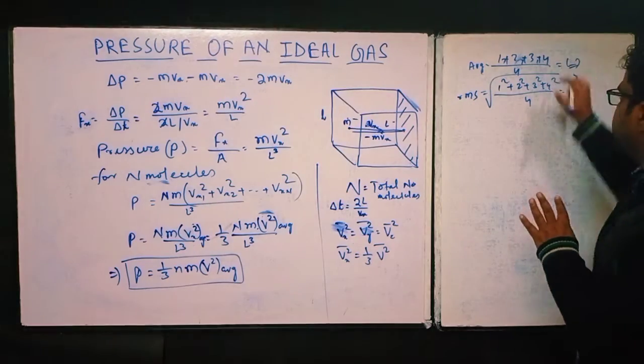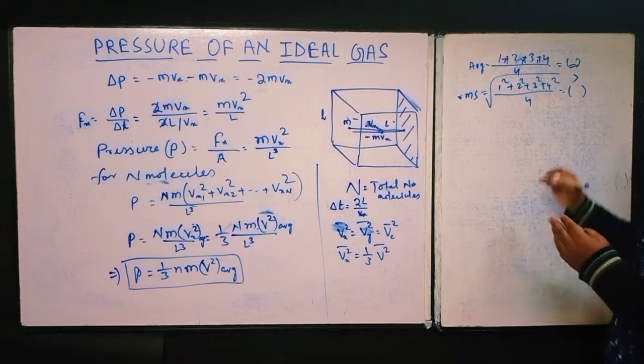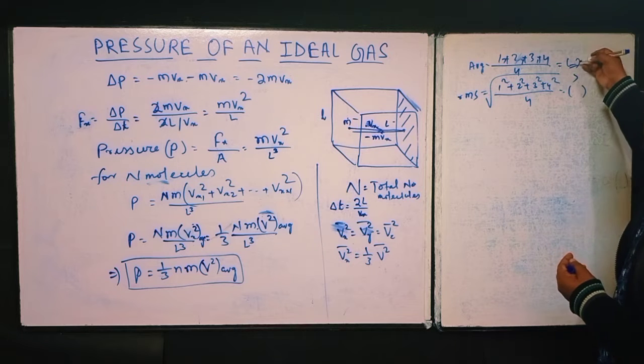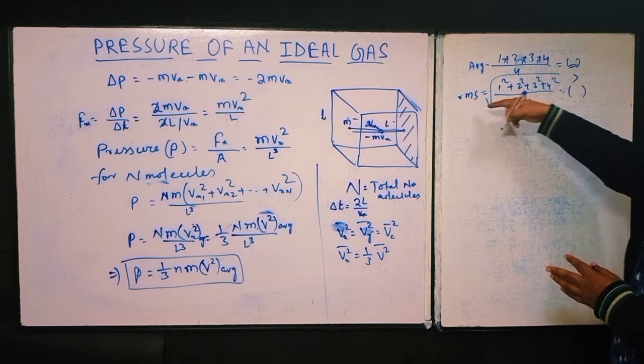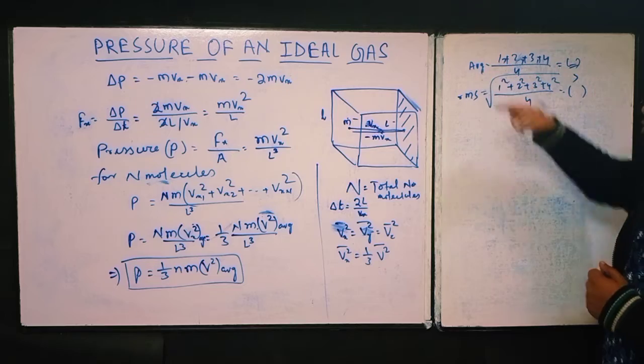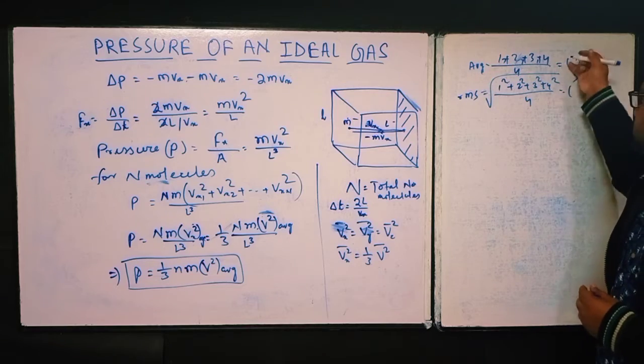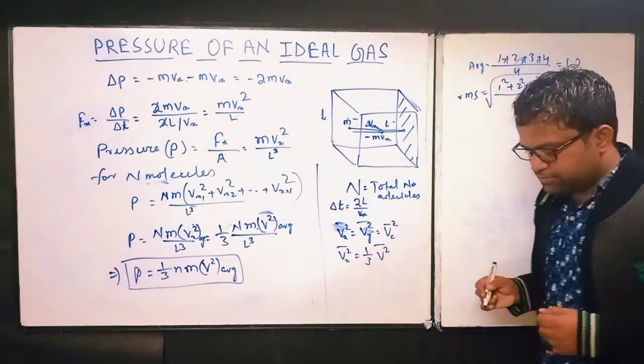So average and root mean square are slightly different, and the root mean square value is close to the average value but greater than it.